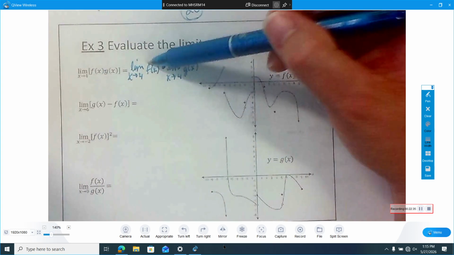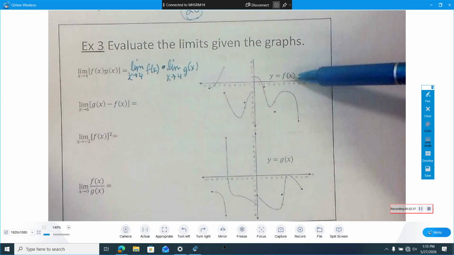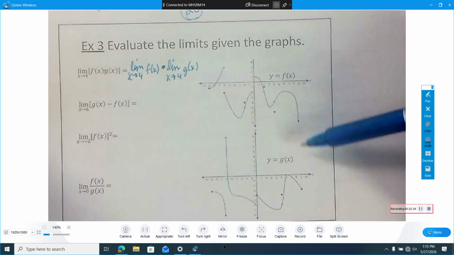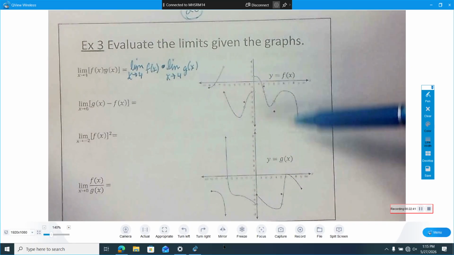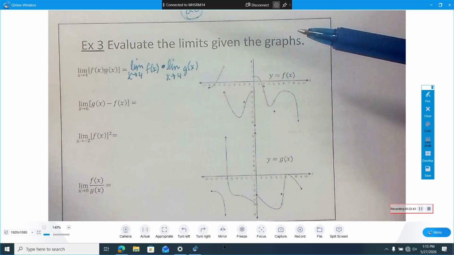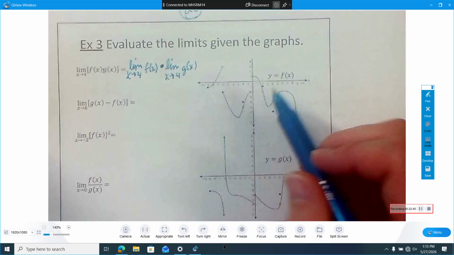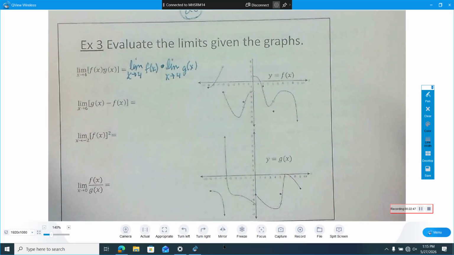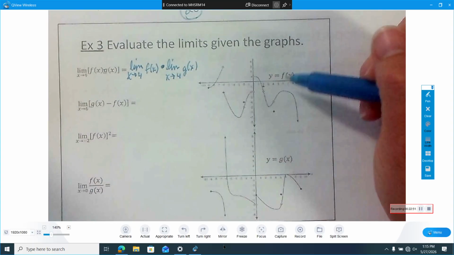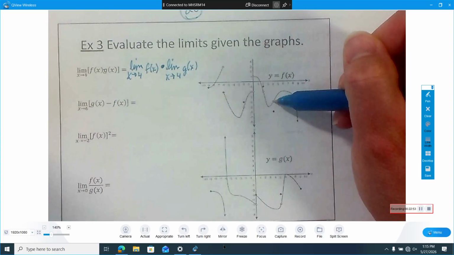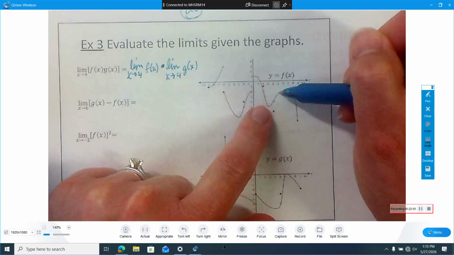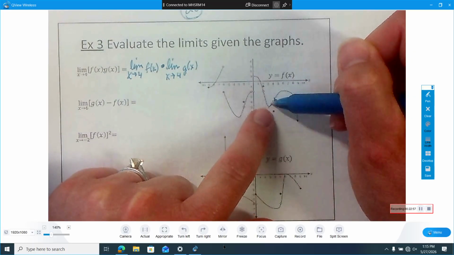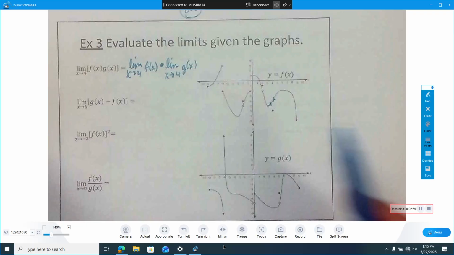All right, please pay attention to what graph you're looking at. Okay? I have f on top and g here down at the bottom. What's the limit as x approaches 4? -4, yeah. We've got a hole in the graph, but as we come from the right and move up from the left, we are approaching -4.